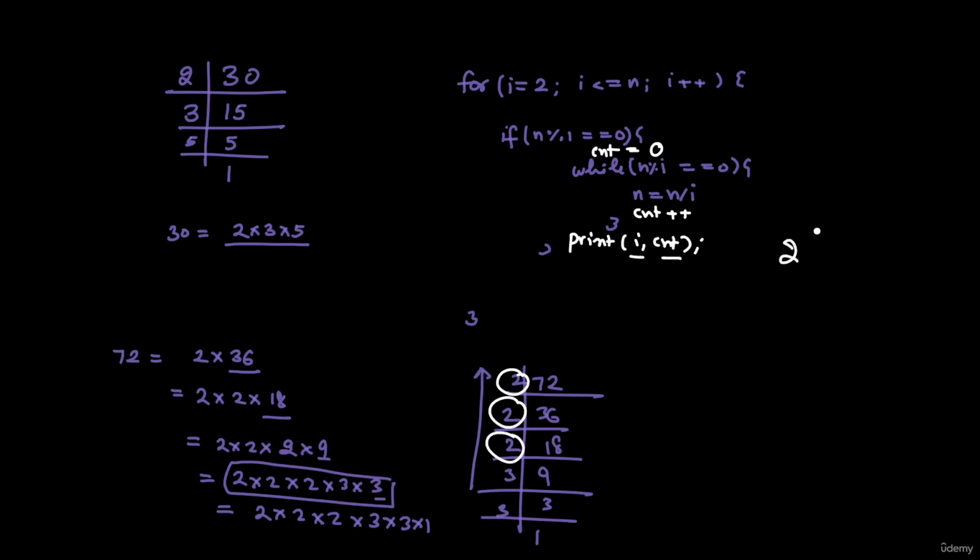So 2 is the factor, and how many times? 3 times. Then I get 3 as the prime factor, and how many times? 2 times. Okay, so this is equal to 72. So this is a brute force way of finding out the prime factors.